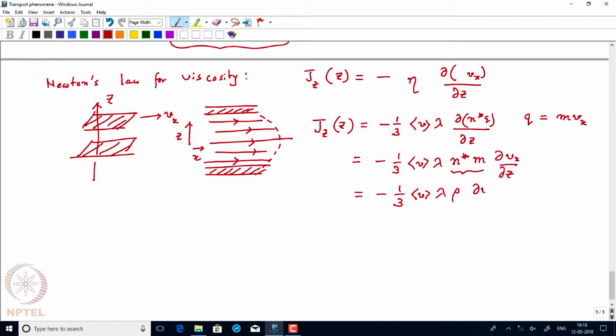That's why I did not use the rho notation for n star into Q in the earlier pages. So now you can compare and you can get an expression for the coefficient of viscosity. It is nothing but 1/3 V average lambda rho.